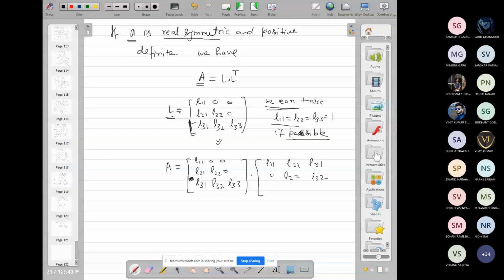And then by solving this, we completely determine L and LT. LT is this and this is L.